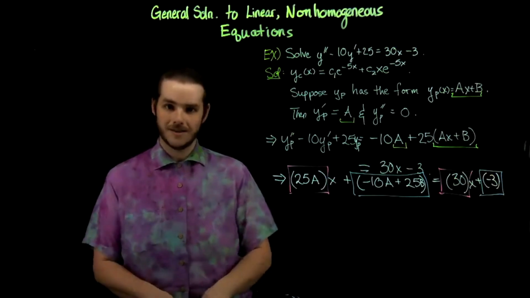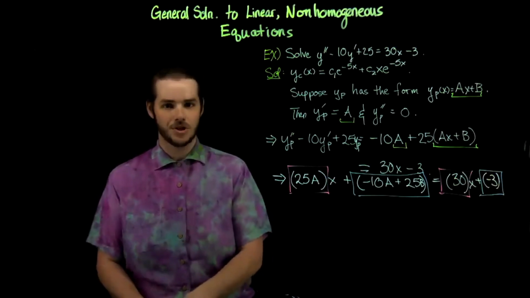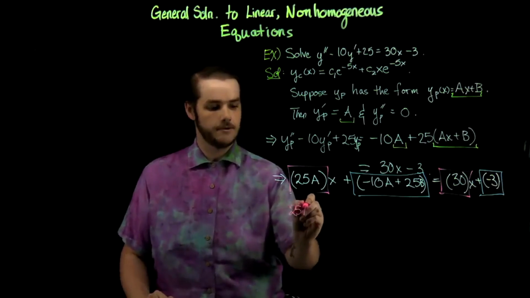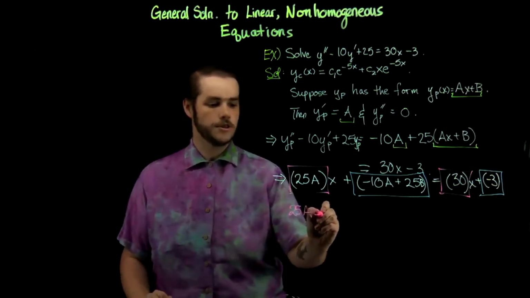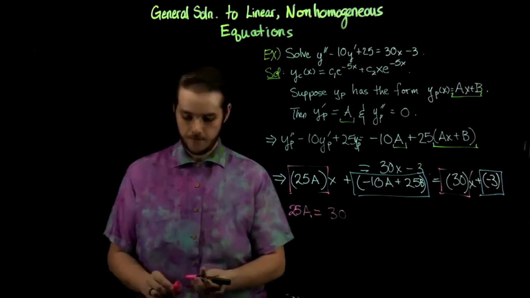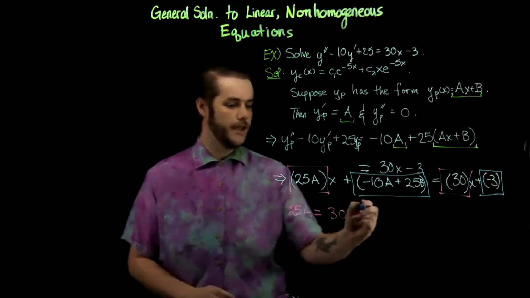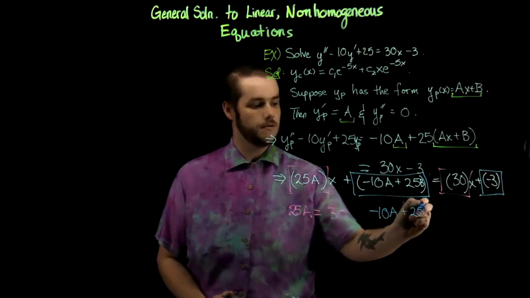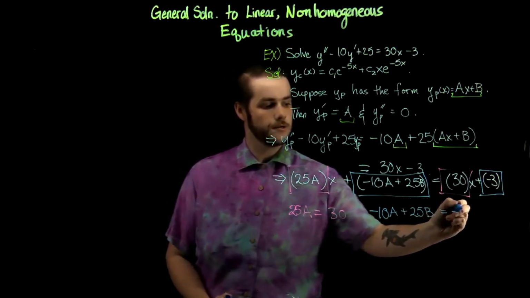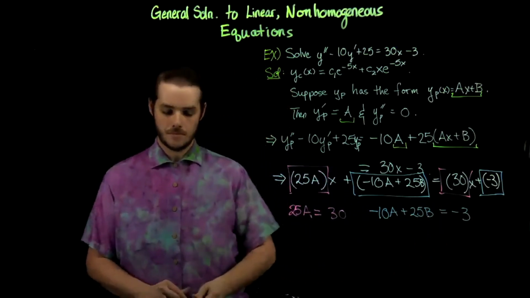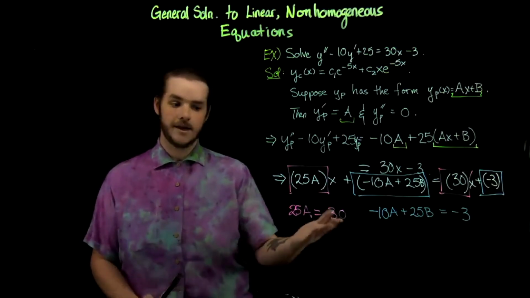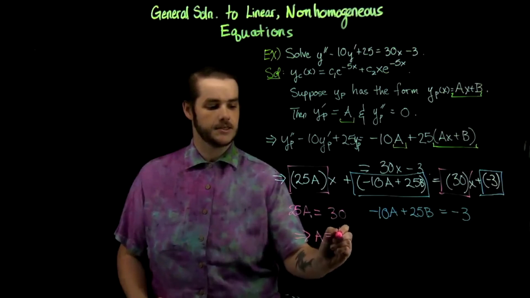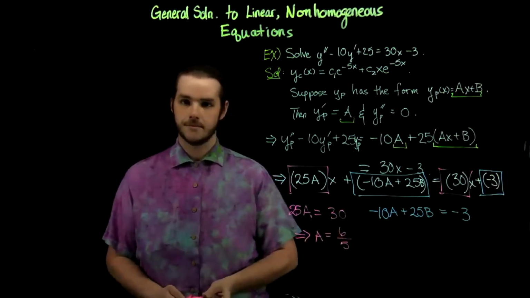Notice I have two constants, but out of this I can build two equations. One of those equations is that 25a should equal 30. The other being that negative 10a plus 25b should equal 3. Solving this red equation for a, I get that a is 6/5.